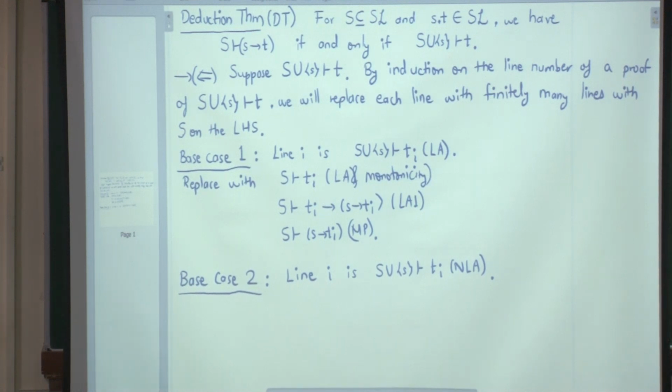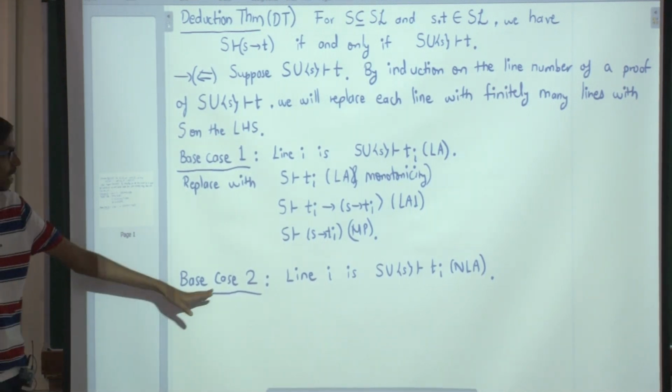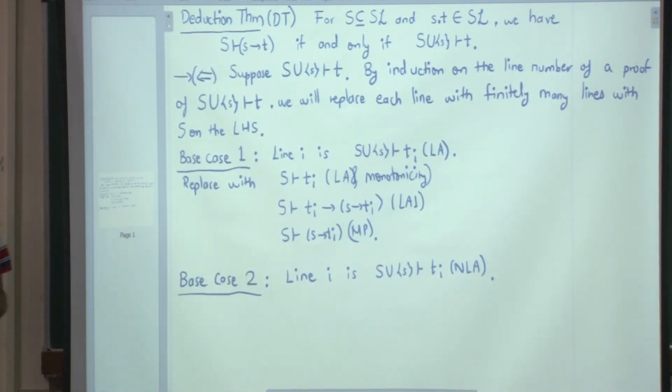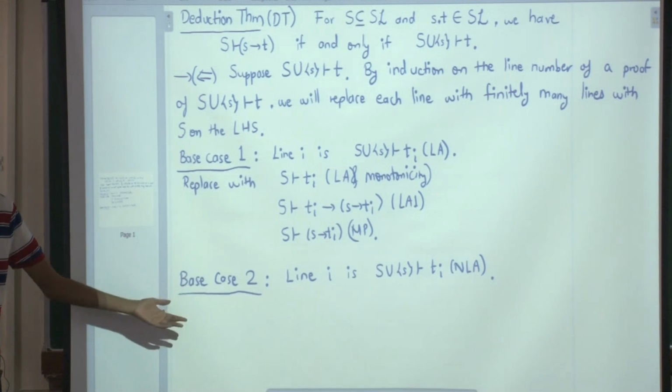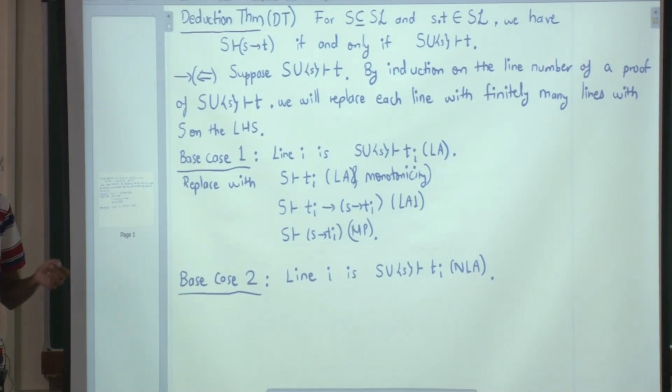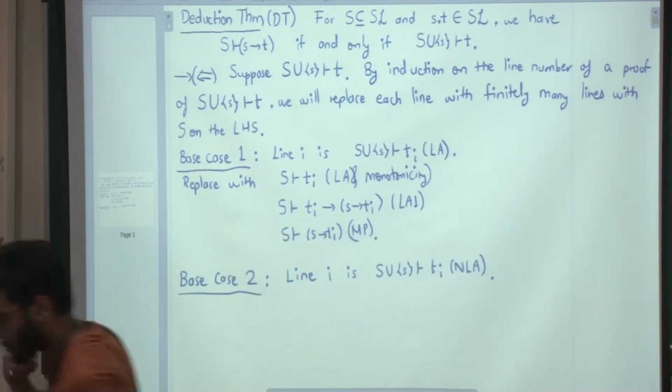Now let us consider base case 2, that line i has Ti as the right hand side and the reason is NLA. Now what could happen, tell me: if the reason is NLA, then Ti is in capital S or Ti is equal to small s.